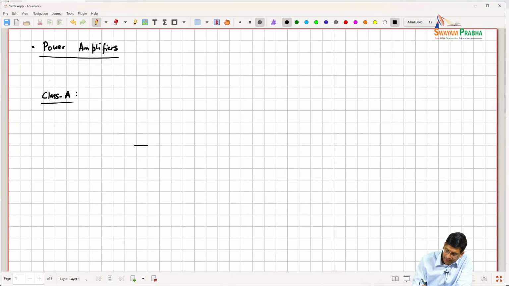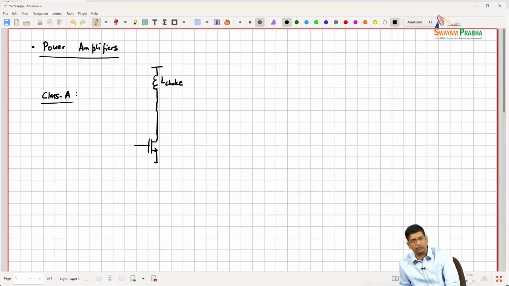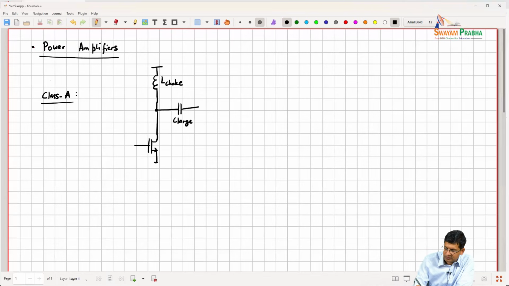The general idea is that we have, let's say, a common source device, and for simplicity, I'll call this an L choke. It can be incorporated as part of your other networks if necessary. And imagine that over here you have a very large capacitance, C large.